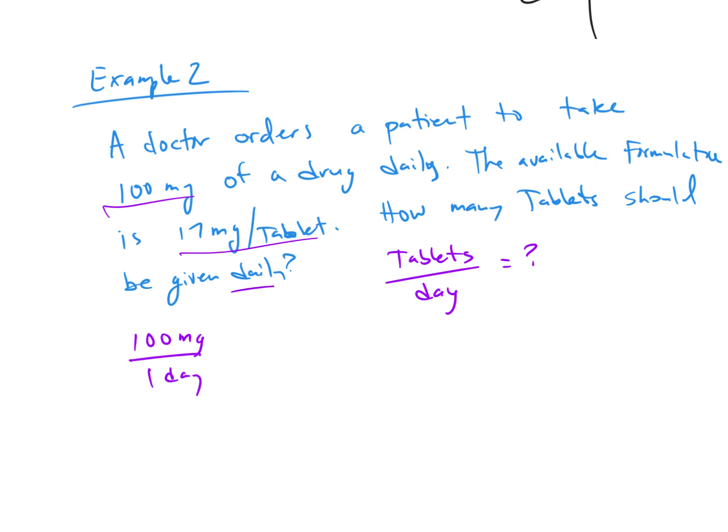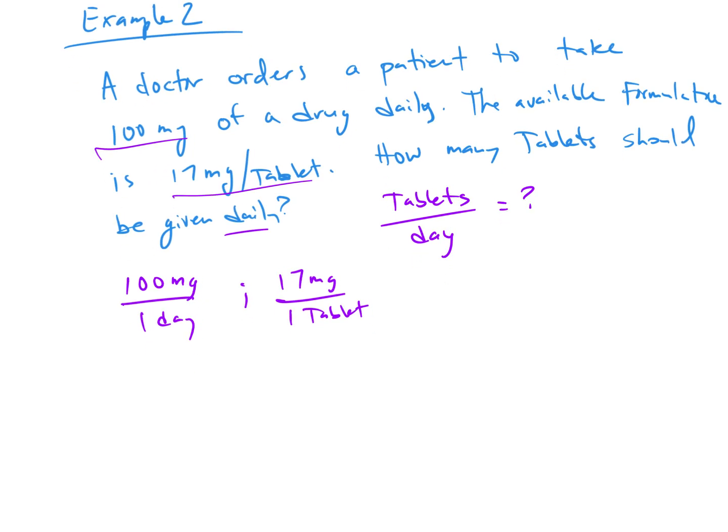Right? And the pharmacy only sells the stuff 17 milligrams per 1 tablet. You with me? So now I know what I know. I know what I'm looking for. What do I do next? Start with what we know. Oh, I know 2 things.